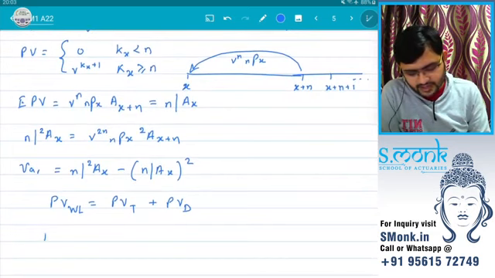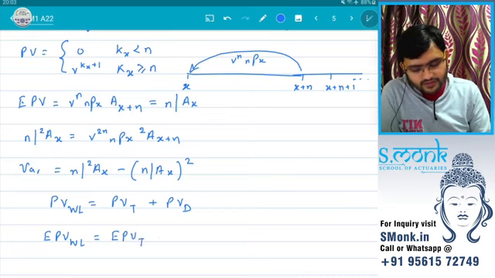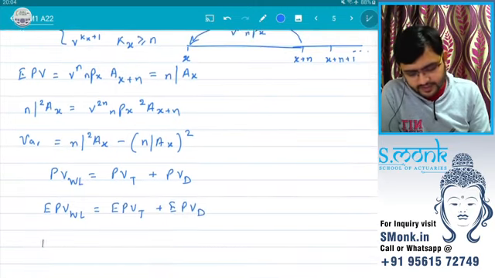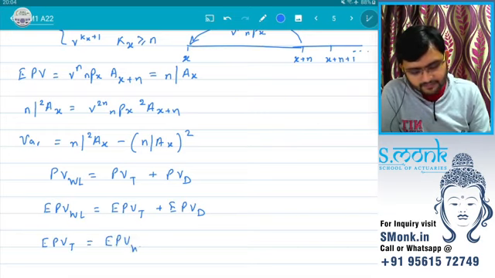So you can say expected present value of whole life will then be expected present value of term plus expected present value of deferred, and therefore expected present value of term was expected present value of whole life minus expected present value of deferred.